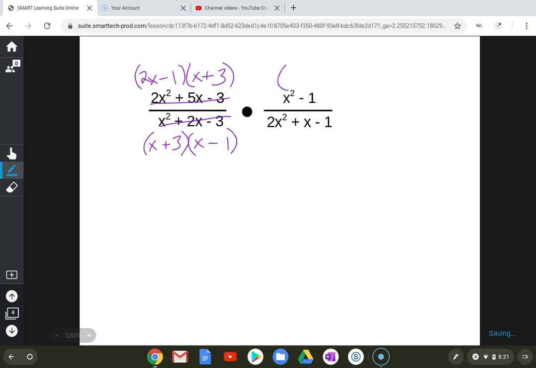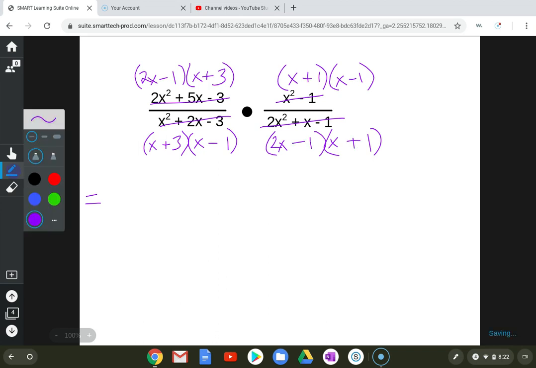This guy, let me cross that off. This guy, x plus 1, x minus 1. Now this gets a little messy. Some people might want to just write a brand new set of fractions. I tend to just go messy, so I apologize to other teachers if you don't like this messy way of doing it. This is just old habit here.